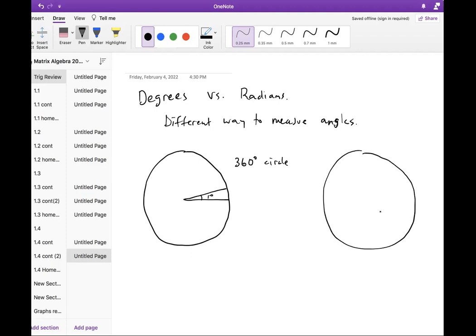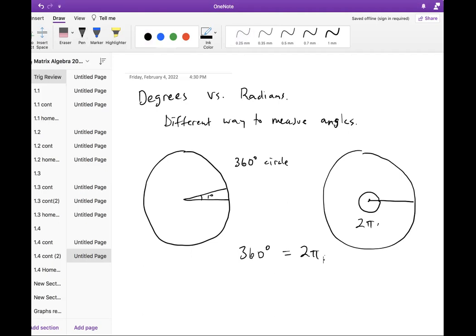You could measure it by a full circle makes 2 pi. So 360 degrees is equal to 2 pi radians.